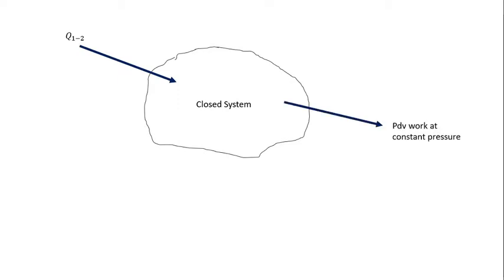Now if we consider a closed system which is drawing some heat Q and delivering some work W, and let's consider that the work is a displacement type of work or PdV work, performed at constant pressure, and the system is changing its state from 1 to 2. From the first law of thermodynamics, in this case we can write Q12 equals U2 minus U1 plus the integration of PdV from 1 to 2.